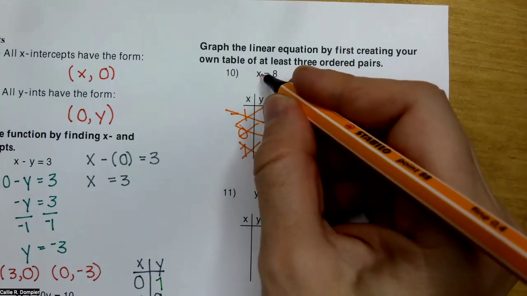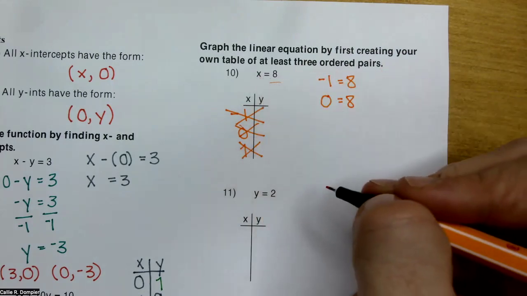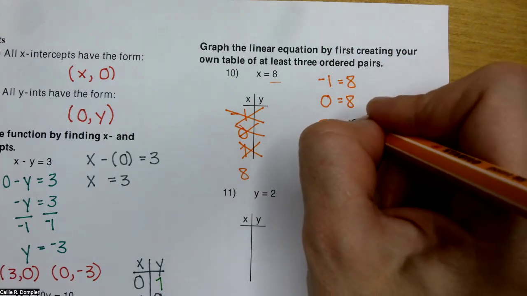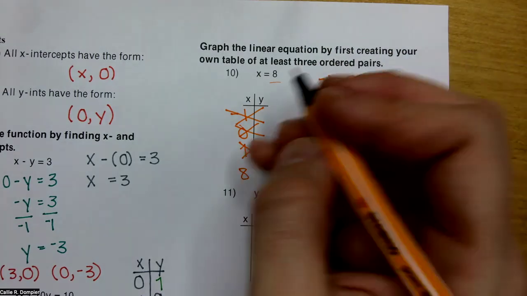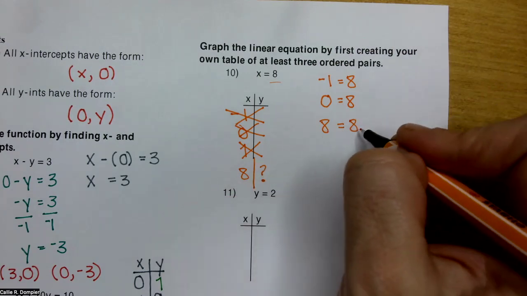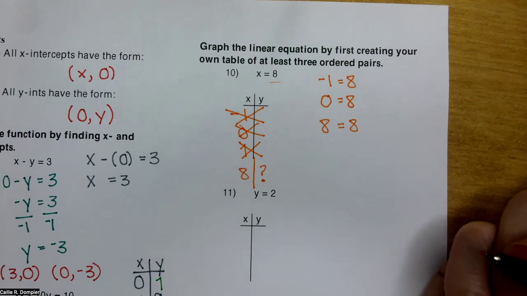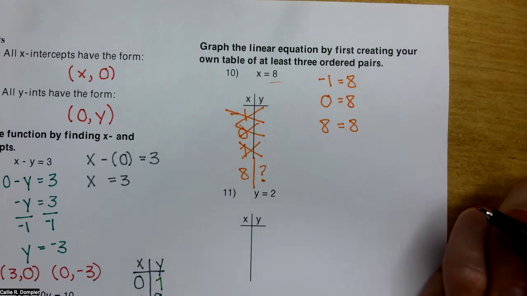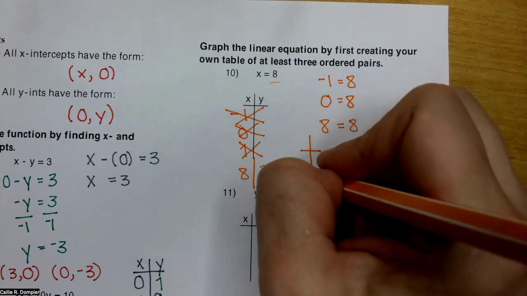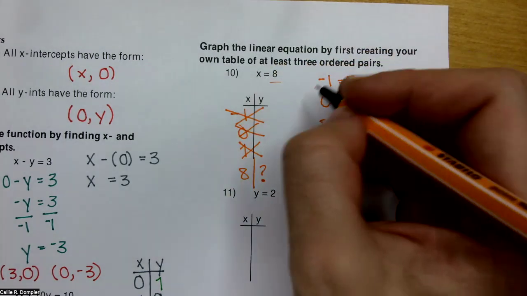What would x be equal to that would make it true? 8, right? If x is equal to 8, that makes it true. What is our y when x is equal to 8? Our y is every single number. All it says is x is equal to 8.